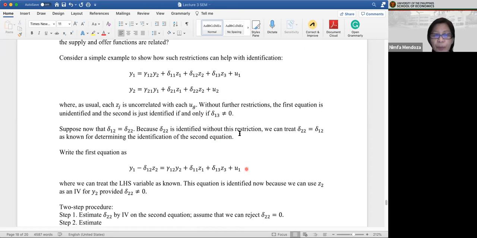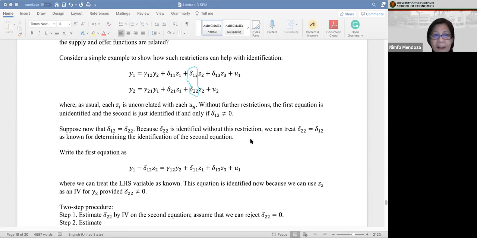Suppose now we have the restriction delta sub 1,2 is equal to delta sub 2,2. So we restrict that these are identical.